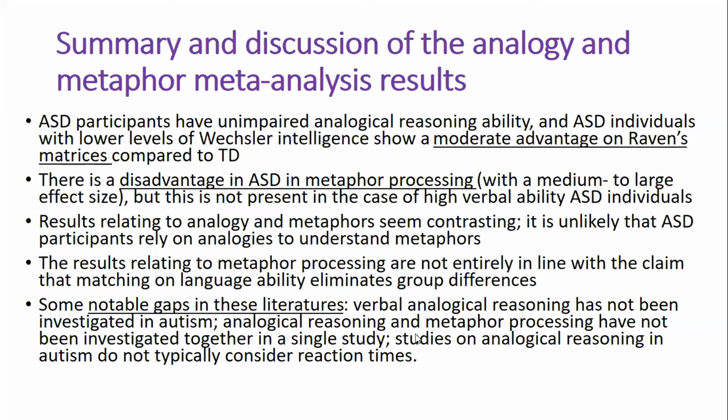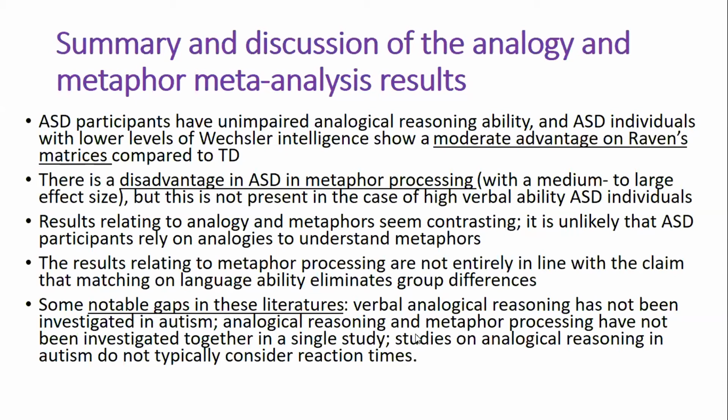And in fact, if you look at autistic people with lower levels of intelligence, they actually show a moderate advantage on Raven's matrices compared to age and IQ matched typically developing people. And on the other hand, there's a disadvantage in autism in metaphor processing, and this has a medium to large effect size, but this was not really present in the case of high verbal ability participants.